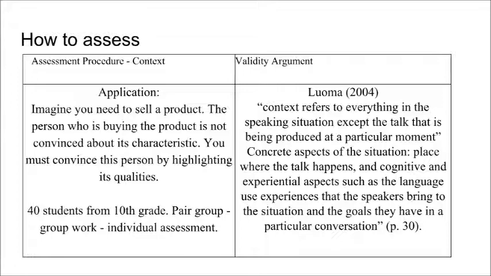And the cognitive and experiential aspects are aspects that students should remember in order to perform this activity. With this, I mean that students should remember when they buy a product and they are not convinced, so what they should do in order to convince a person.